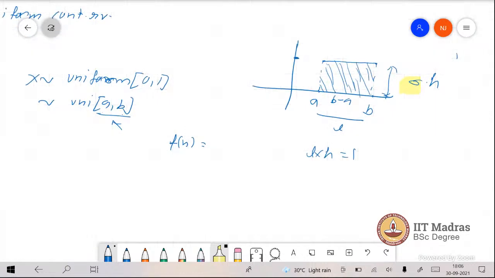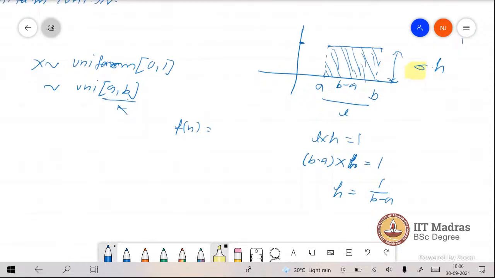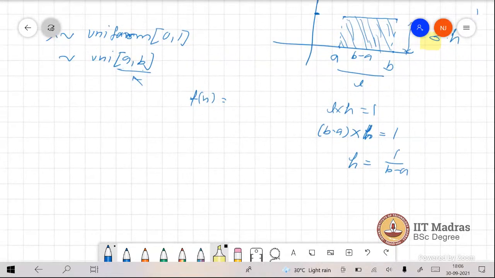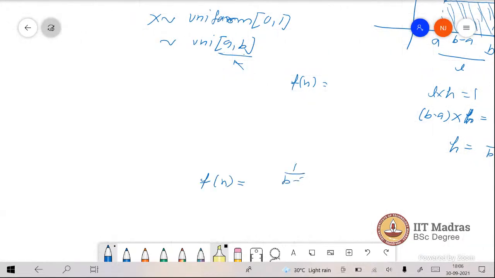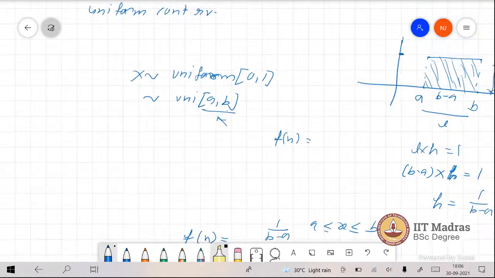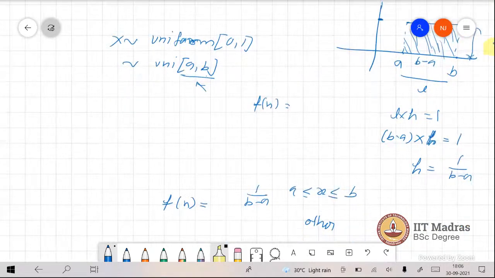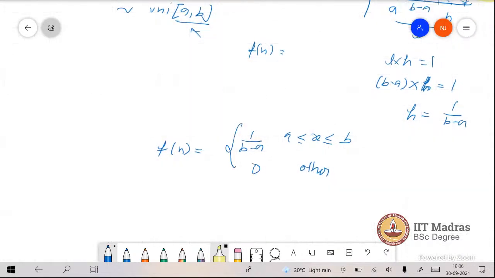L is b minus a, times the height, equals 1. So the height is 1 upon b minus a. So the PDF of a uniform random variable on a to b is 1 upon b minus a when x lies between a and b, and otherwise it is always 0. This is the PDF of a uniform random variable.